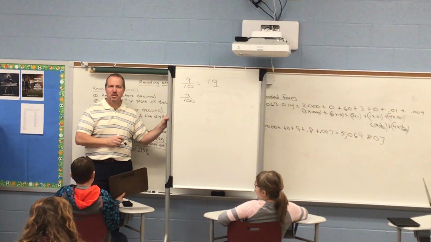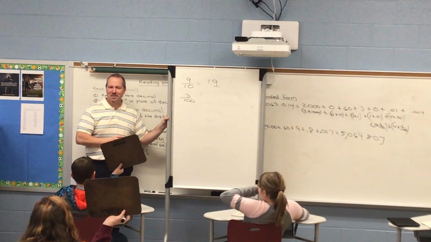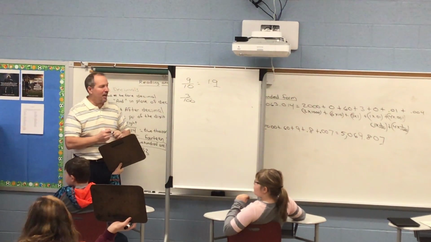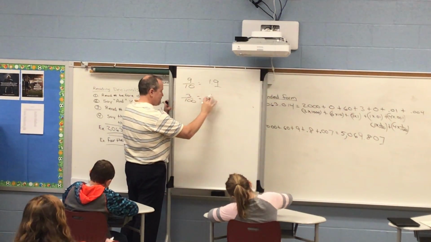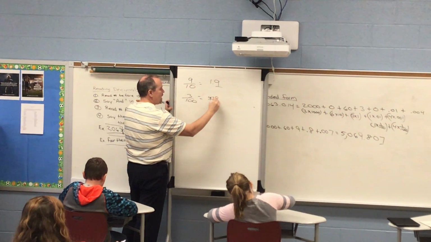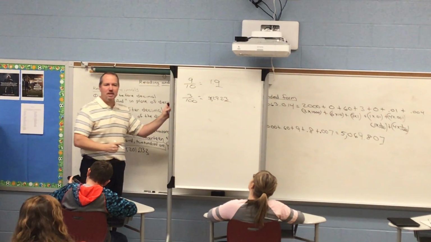What place value must the 3 be in? Carolyn? The 100. So it doesn't matter what you put, 429 and 2300. That 3 just has to be in the 100th place.